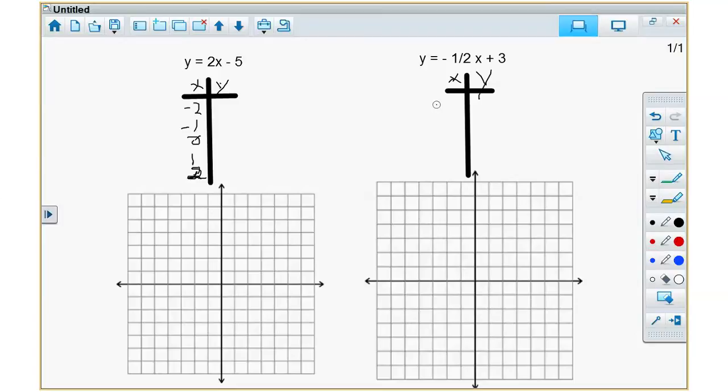Read your page. What are you going to read down there toward the bottom? Multiples of the denominator: -4, -2, 0, 2, and 4. All right, plug and chug.